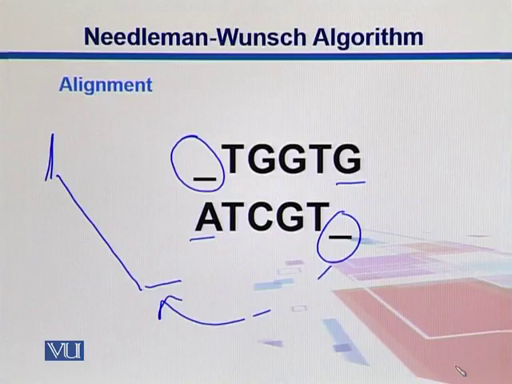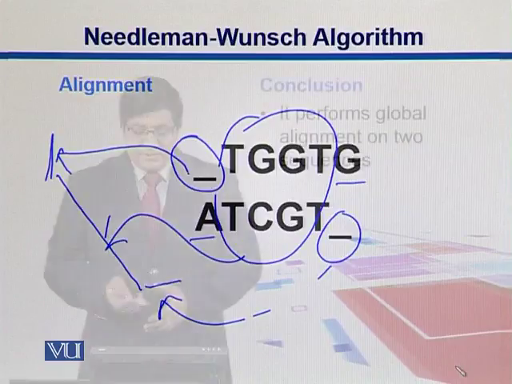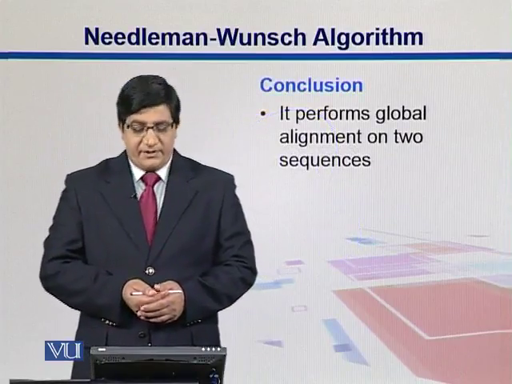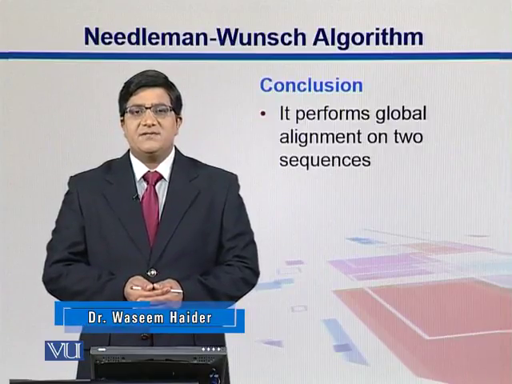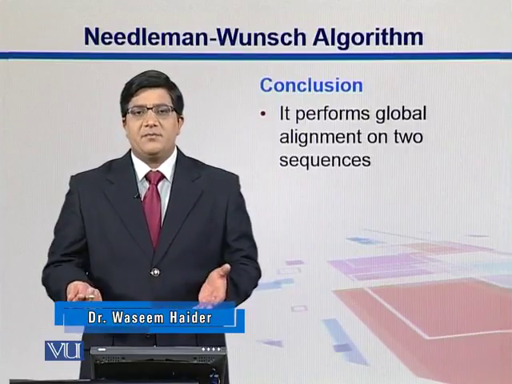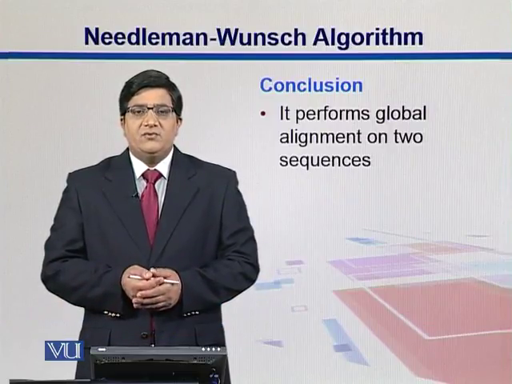This corresponds to this one, this corresponds to this one, and this part corresponds to this diagonal. So in this section we have executed the Needleman and Wunsch algorithm. It performs global alignments of two sequences, and basically it's a dynamic programming algorithm, and it performs the alignment of two full sequences.